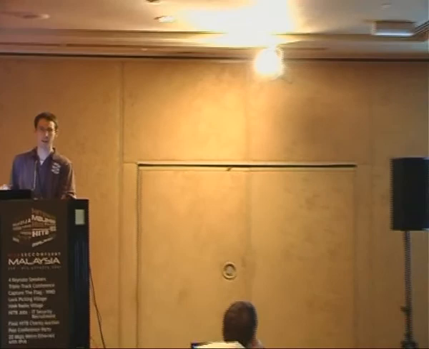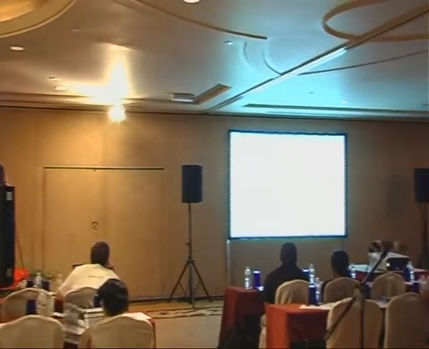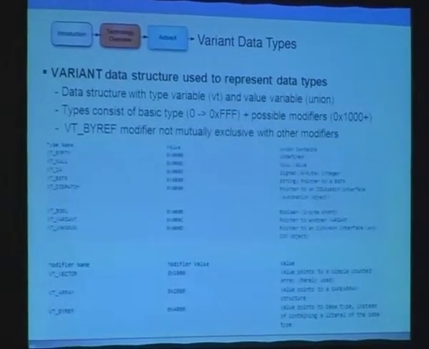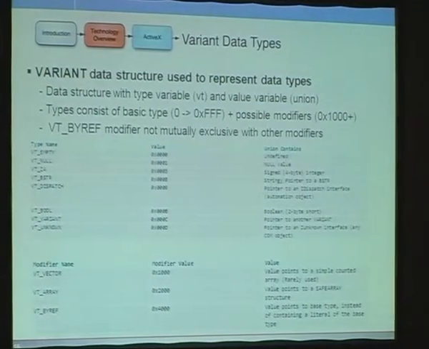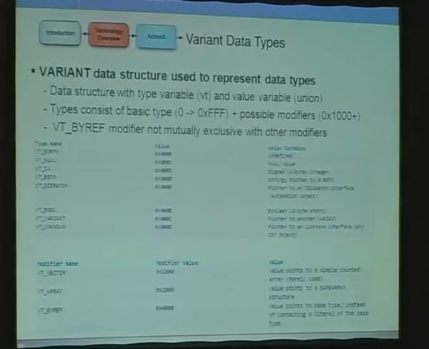If you've got the VT_ARRAY bit set, basically it says that instead of having the basic type contained directly within this variant, the variant has a pointer to a SafeArray structure of that data type. So for example, you could have a variant that has the type VT_ARRAY ORed with VT_BOOL, and this will say that this variant contains a SafeArray data structure that points to an array of booleans.